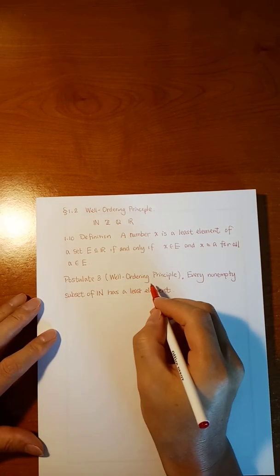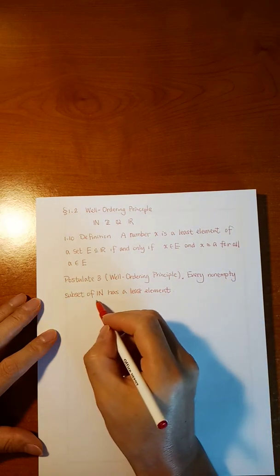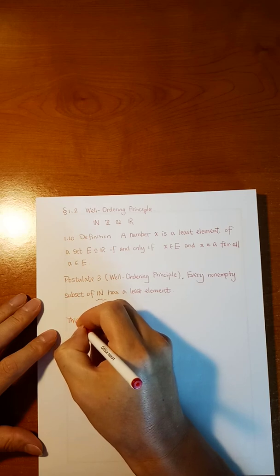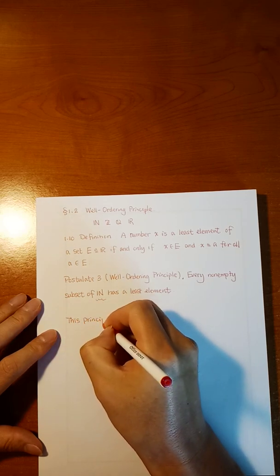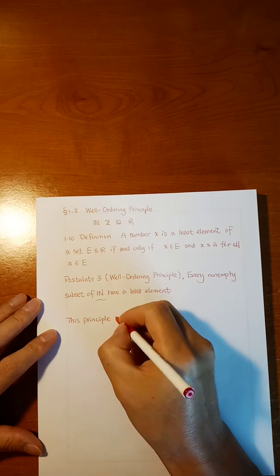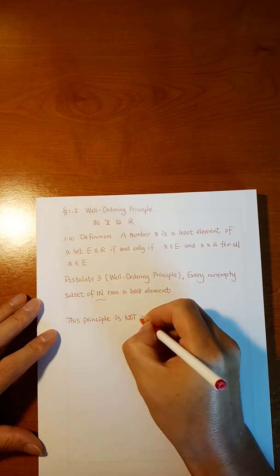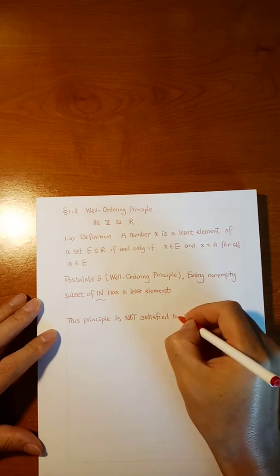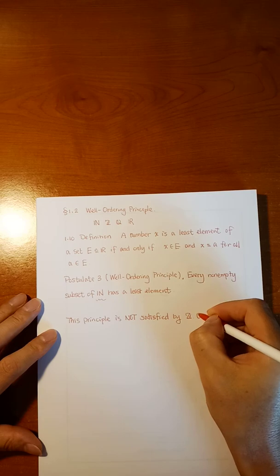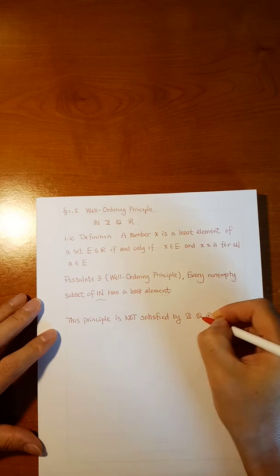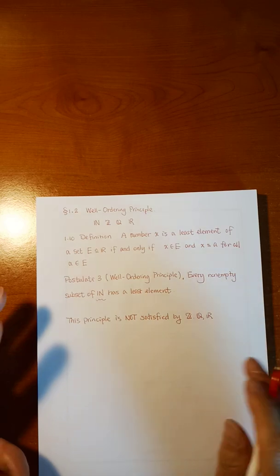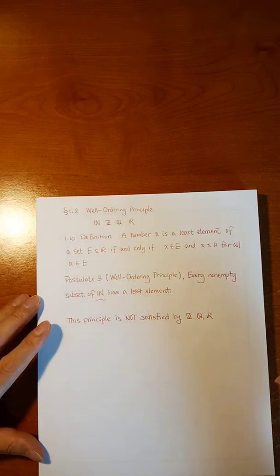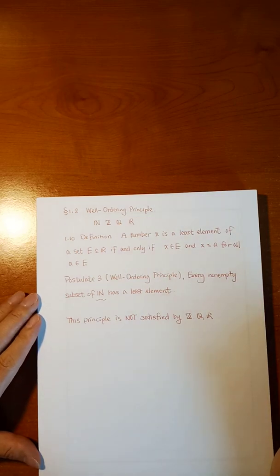So this well-ordering principle only works for the set of natural numbers. This principle is not satisfied by Z, Q, and R. Because you can always find a subset such that it does not have a least element.